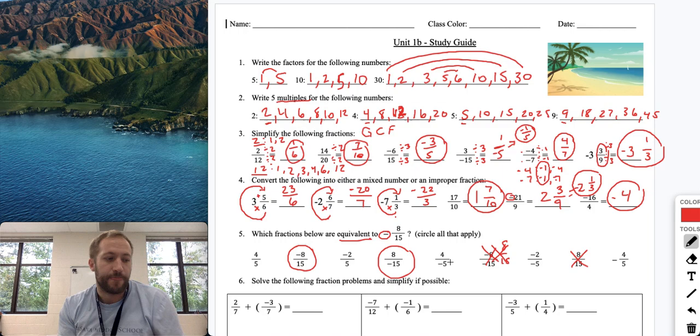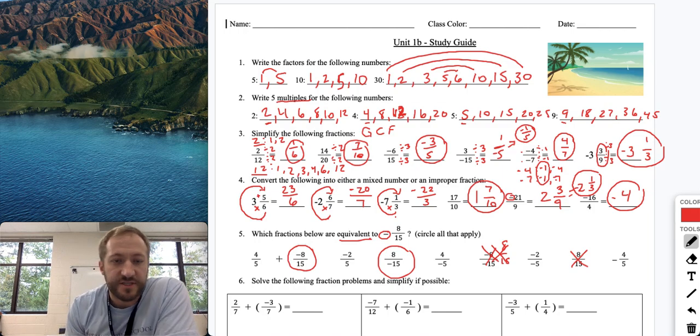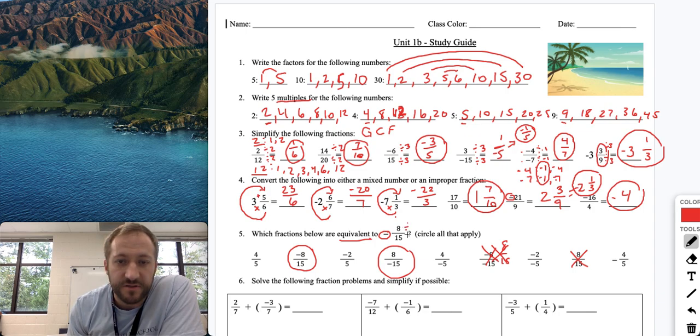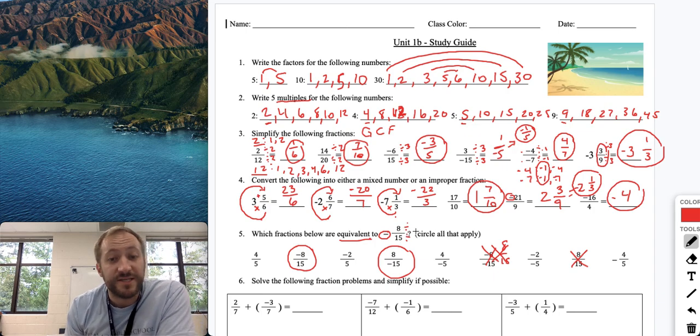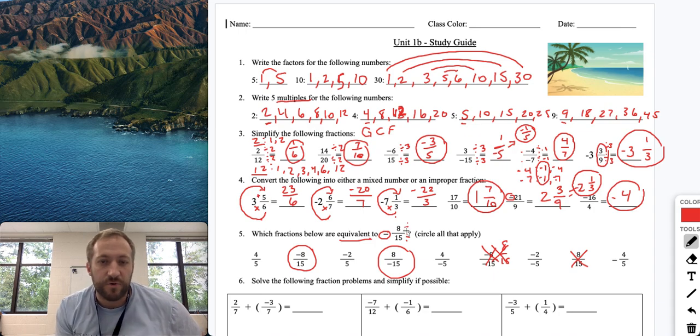Now looking at these, 4/5, if I was going to simplify 8/15 into 4/5, I would need to find a greatest common factor that I could use to divide both of these by. There is not a greatest common factor between 8 and 15 that I could use to divide them both by. Some kids, however, always make this mistake. They're like, well, I'll divide 8 by 2 and 15 by 3. It's close enough.